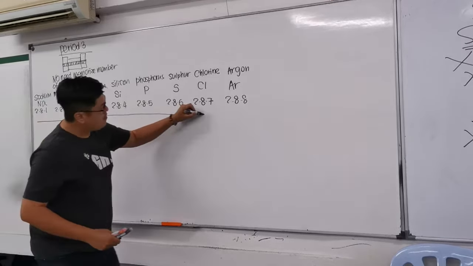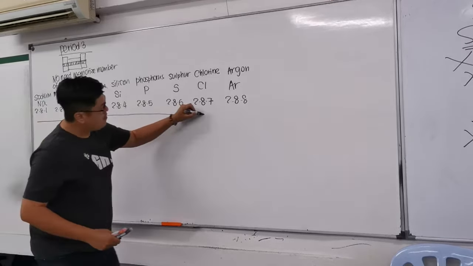I want you to imagine. Don't memorize all these statements in your reference book or textbook blindly. Imagine it. Now, how do you put it in words? You write this. This is the reason. When you move across the period from left to right, the number of protons increases.